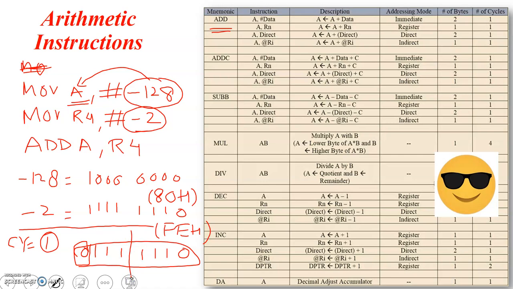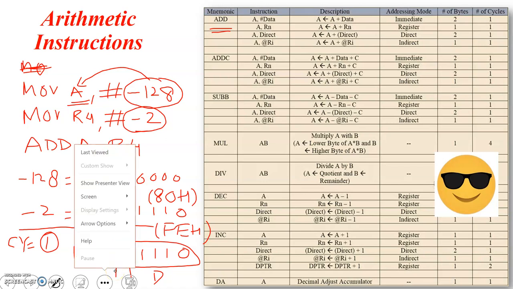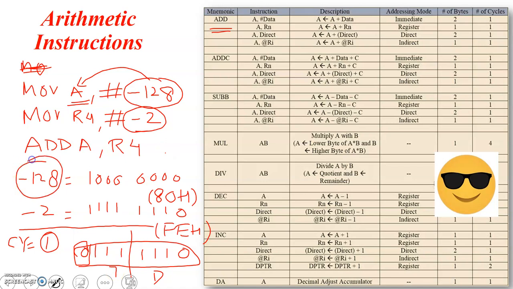Here it is 8 plus 4, 12 plus 1, 13. 13 is represented by A, B, C, D. So this is D, and here it is 1 plus 2 is 3 plus 4 is 7, 7D. So definitely adding -128 and -2 won't result in 7D. Okay, so something is wrong.